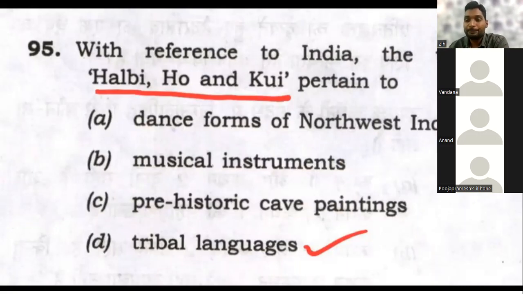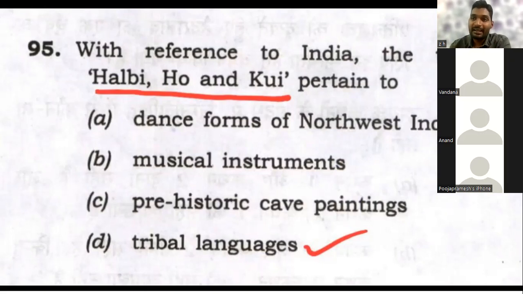So the answer is very simple here. You don't need to read the question in entirety. When you start with the first round, you need to just glance at the question. Now, taking the example of this question: with reference to India, the Halbi, Ho, and Kui pertain to. When you glance at this question, you get hold of the terms Halbi, Ho, and Kui.